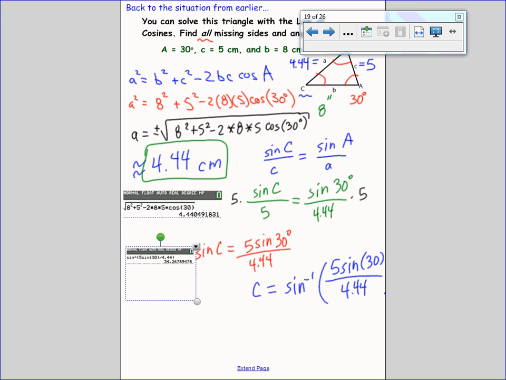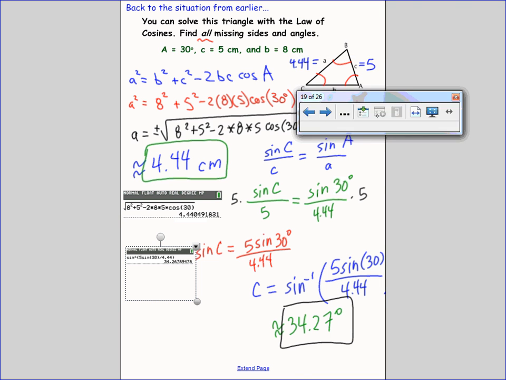I'm getting about 34.27 degrees. Hey, that's good.